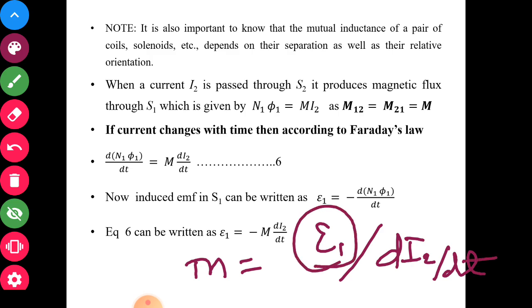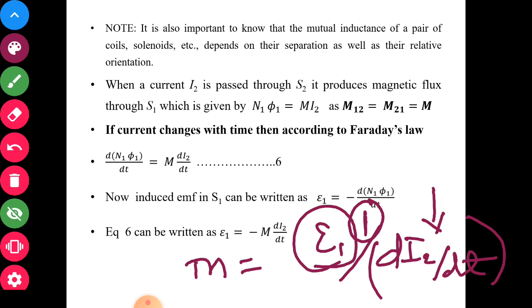The minus sign I am not considering now; it gives you the idea in the presence of Lenz's law. Lenz's law is everywhere. Here E1 is the electromotive force produced in the first coil, and it is divided by dI2/dt, that is nothing but the rate of change of electric current in the second coil. So M is equal to E1 upon dI2/dt.